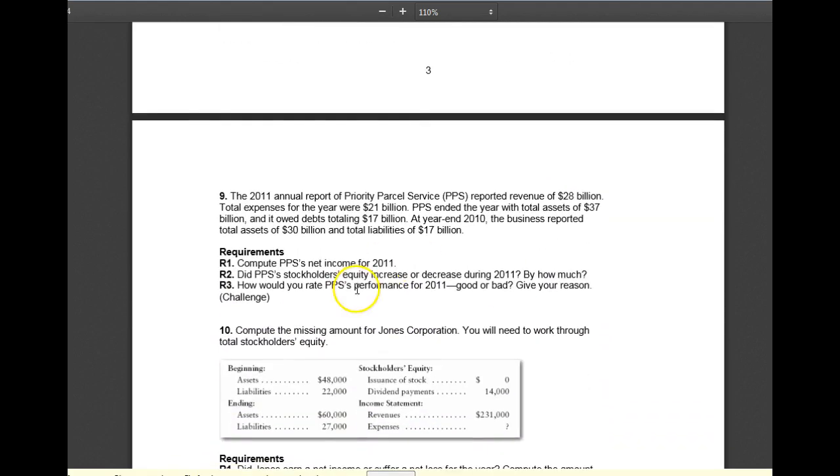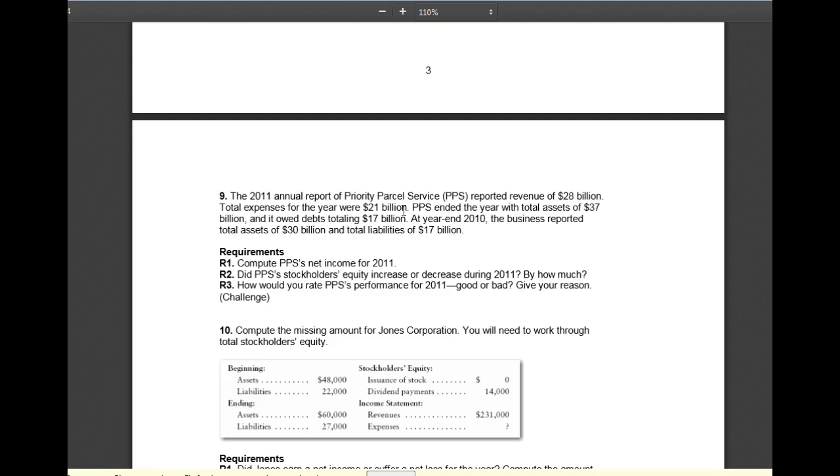So 9 wants you to compute the net income. And to compute the net income, they've given you $28 billion in revenue minus $21 billion. It is really very obvious, because you take your revenue minus the expenses.